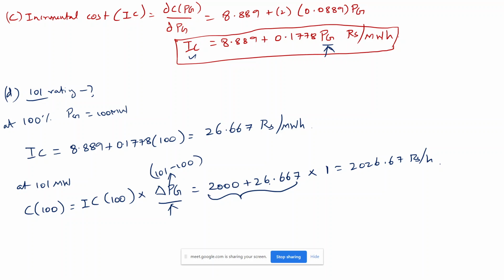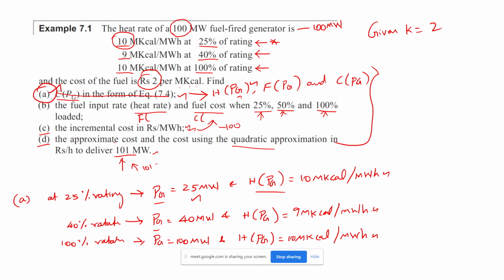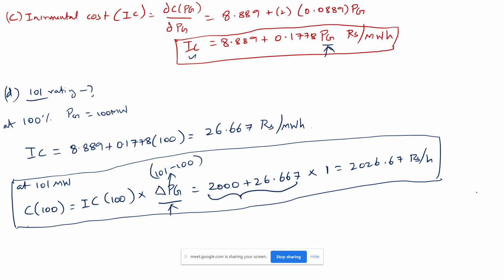And the same thing, if you are doing it for the quadratic approximation equation, I just applied the B and then I put the change in delta P and then normal 2 multiplied with 2 and C, and I got this equation.